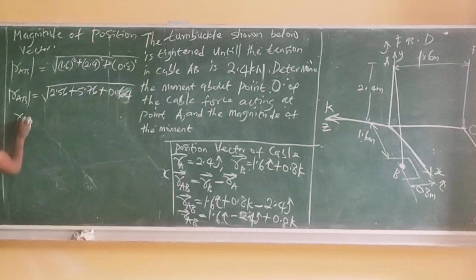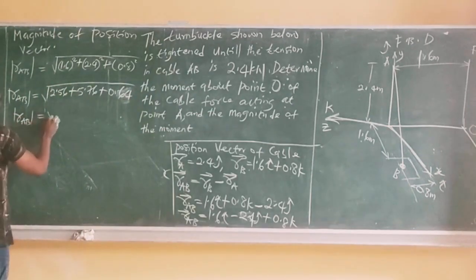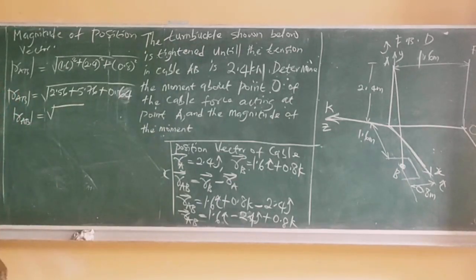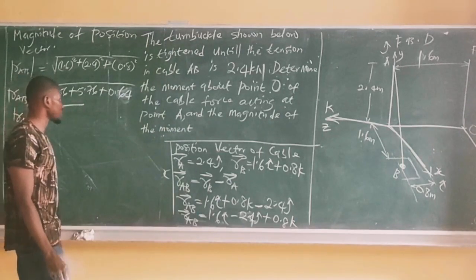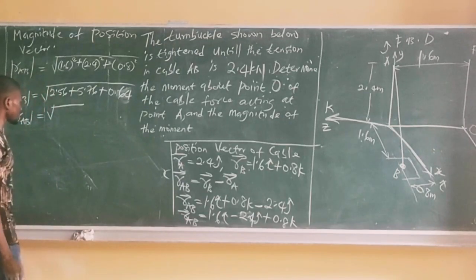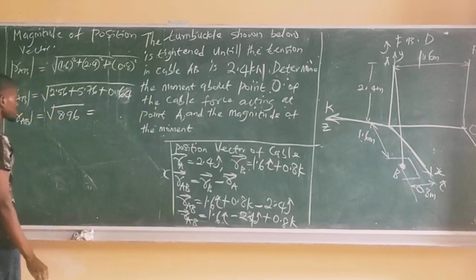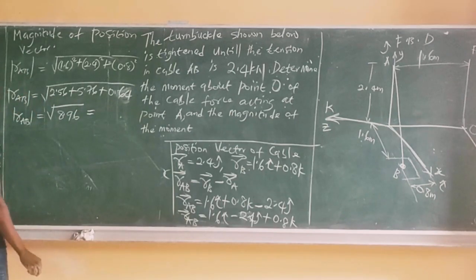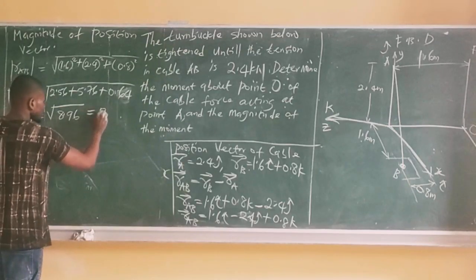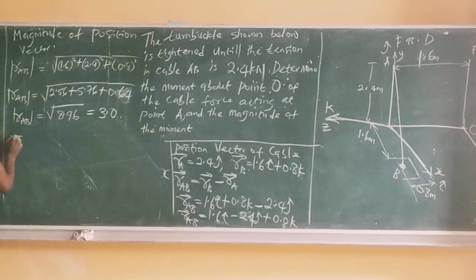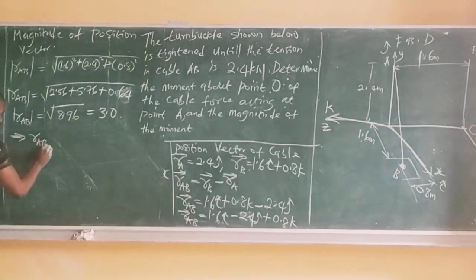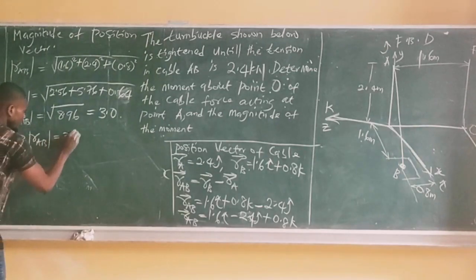So the magnitude of position vector AB is the square root of 2.56 plus 5.76 plus 0.64, which is 8.96. So what is the value of the magnitude? Take the square root of 8.96, which is 2.9993. So this is 3.0, which means the magnitude of that position vector is simply 3.0.